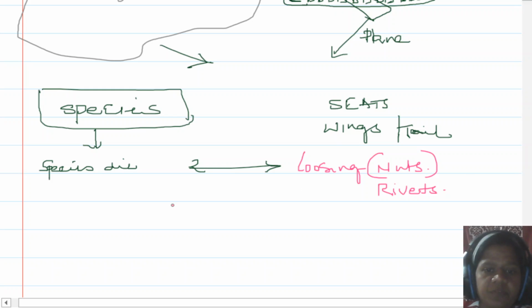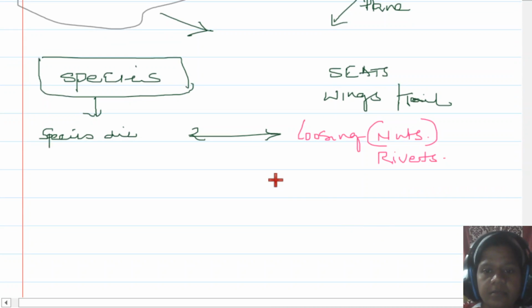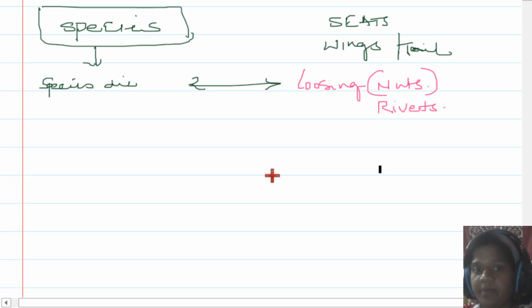So if we lose some species here, it is equivalent to losing some of the nuts or the rivets here. Depending on where these nuts are removed from, we know how it is going to affect the plane. Let's say if we lose some of the rivets from the seat, the seats come off and it'll probably take fewer passengers, right? But overall, the plane can still fly.